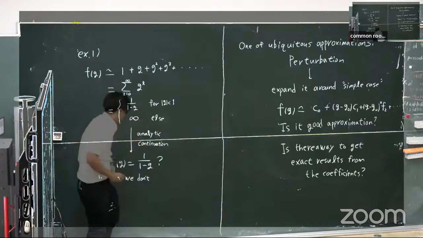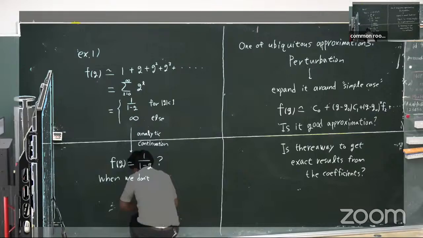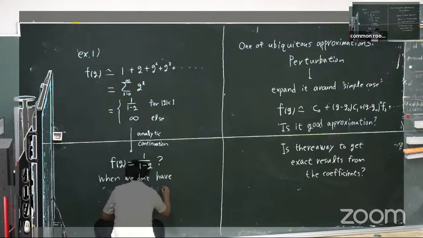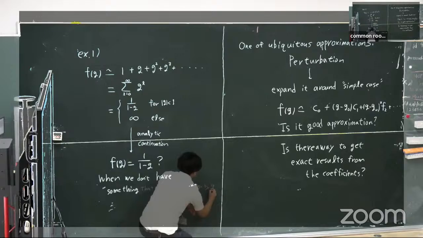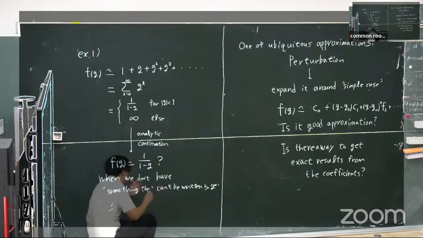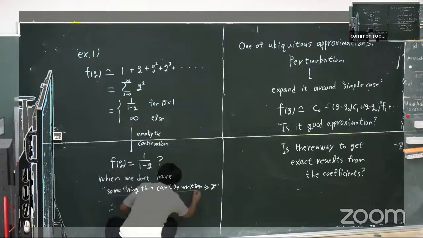If we have something that can't be written by powers of g, it is expected to be true, and this kind of thing is, at least in physics, called non-perturbative effects.